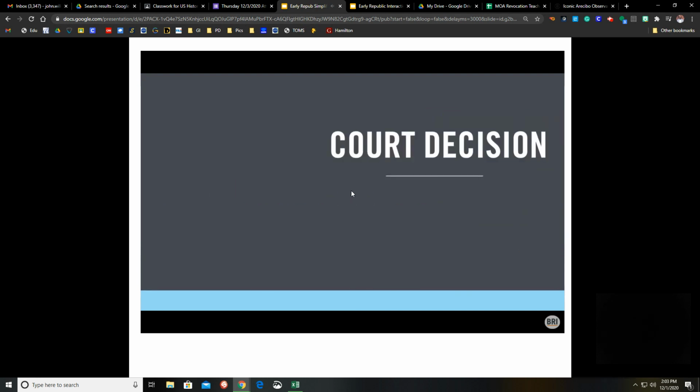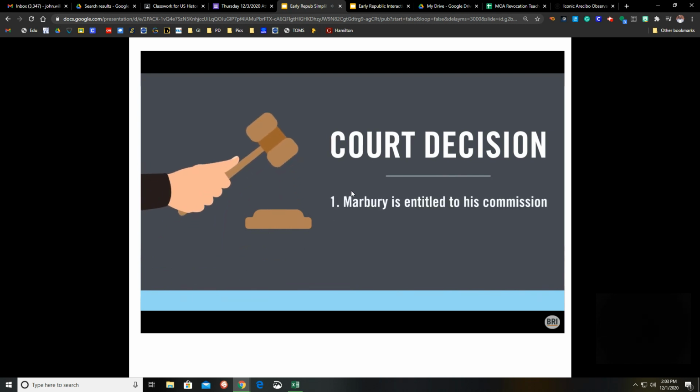Chief Justice John Marshall wrote the opinion for the court, which decided first that Marbury was entitled to the commission, but more importantly, they decided that the clause allowing the court to issue writs, which came from the 1789 Judiciary Act in the first place, was actually unconstitutional.